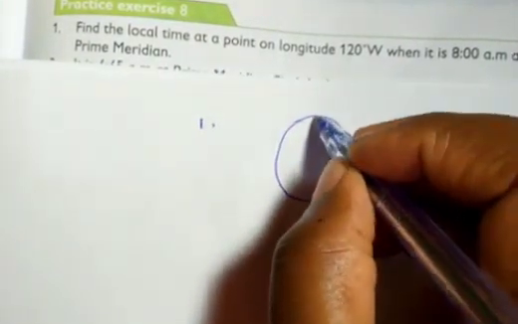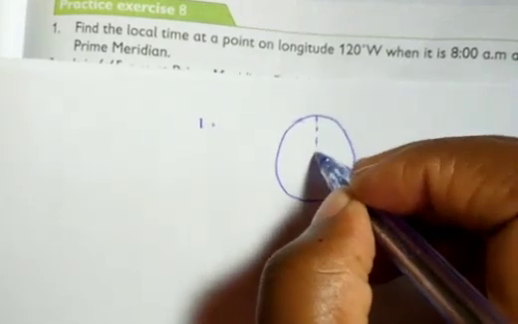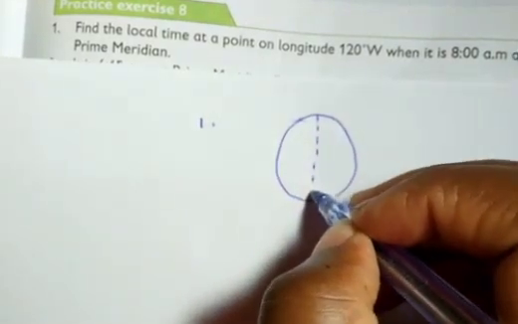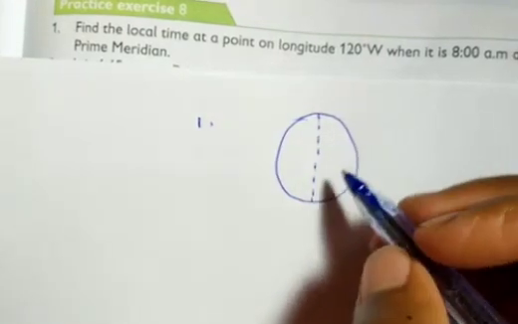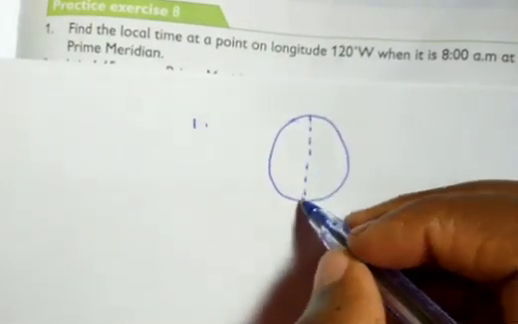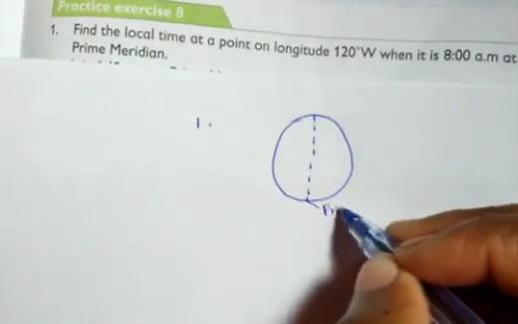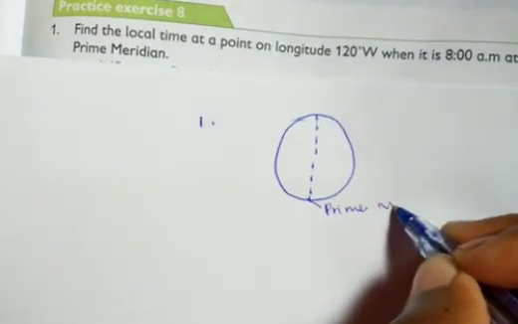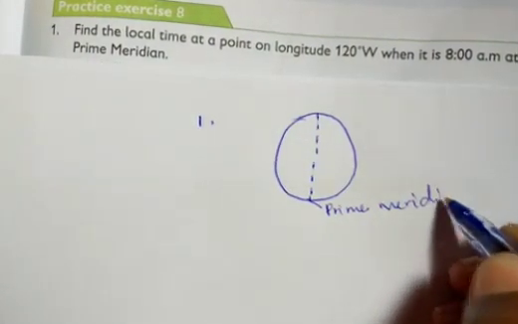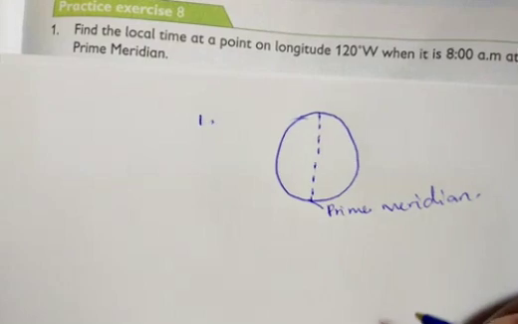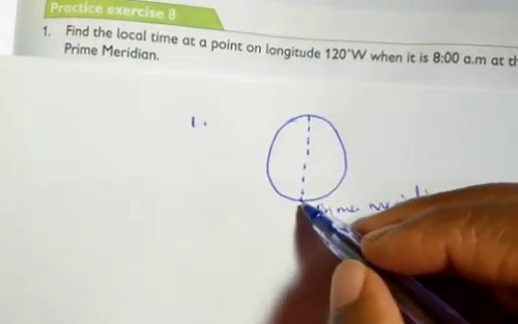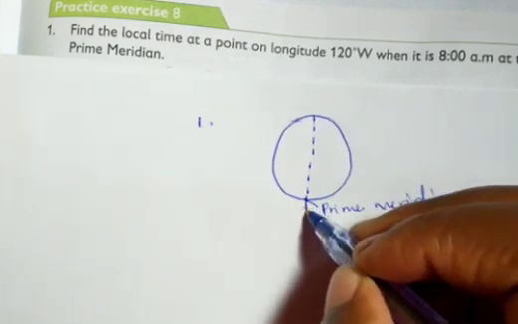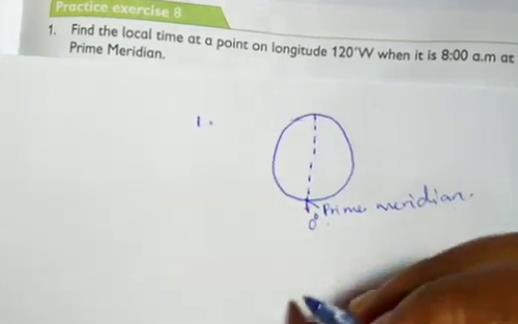The prime meridian is the same as the Greenwich meridian, which is at the center of the earth, and this is the prime meridian. What we are supposed to know is that the prime meridian is always at 0 degrees.